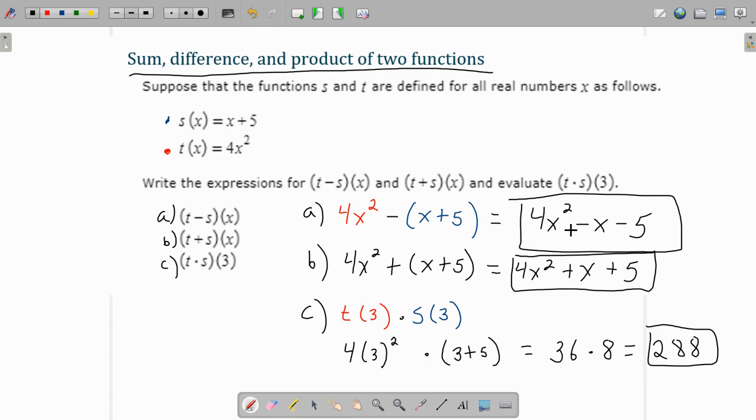I'm pretty sure Alex makes you simplify. Evaluate, we're finding a number because there's a number here. We're plugging in 3 to both of those and multiplying it together. I kind of like thinking of it as brackets because we have two different pieces here. So this was 36, this was 8, multiply them together.